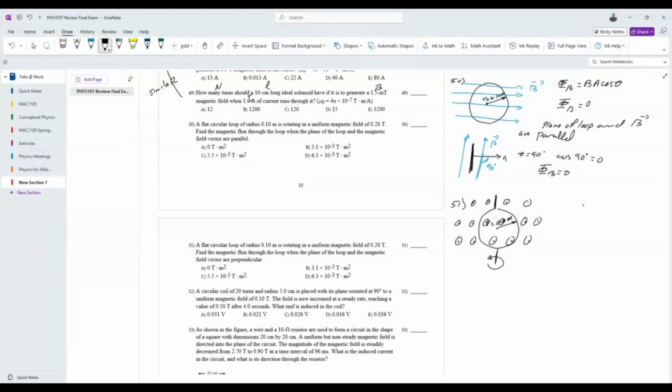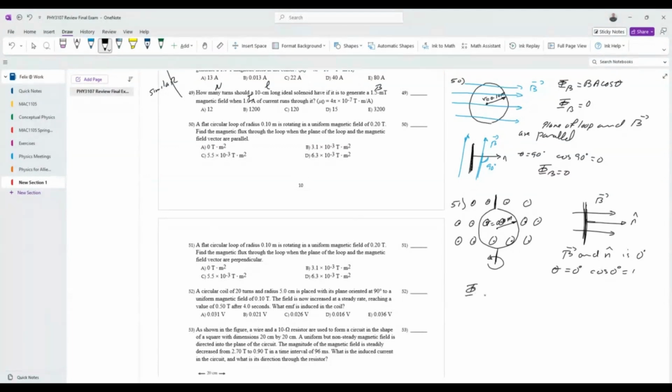So now, when you analyze the side view of this, here you have the loop, here you have the normal, and now here you have the magnetic field. The angle between the magnetic field and the normal is 0 degrees. So theta is 0 degrees, and the cosine of 0 degrees is 1. So we get the maximum magnetic flux.